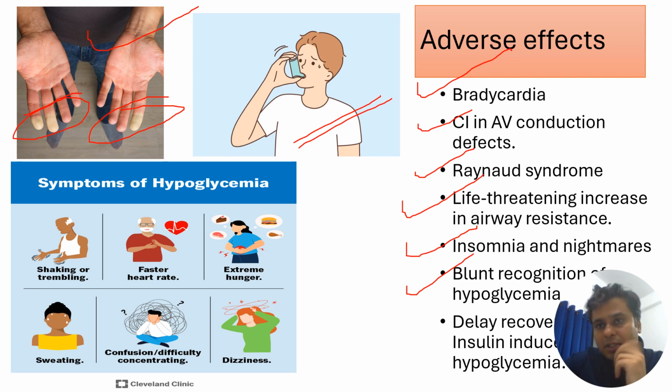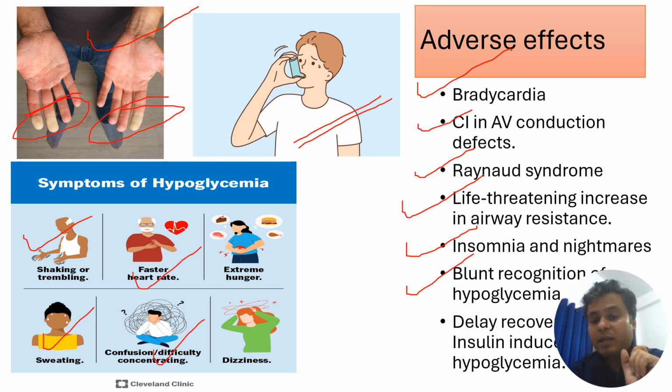If such hypoglycemia occurs, recognition of that hypoglycemia is very important. For recognition, we have to recognize some specific symptoms of hypoglycemia, such as tremors, faster heart rate, sweating, confusion.